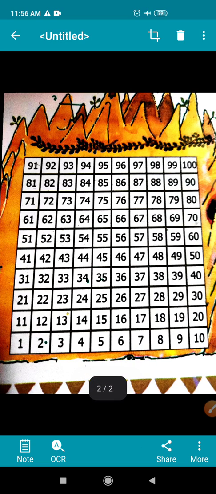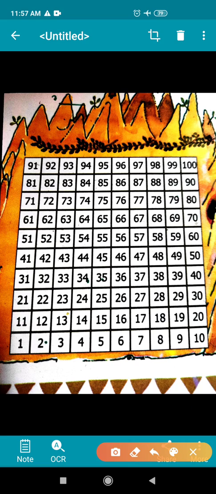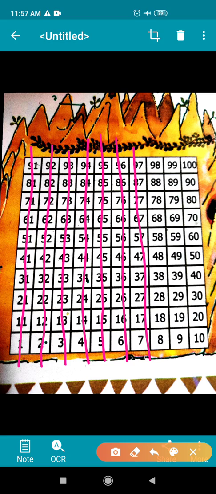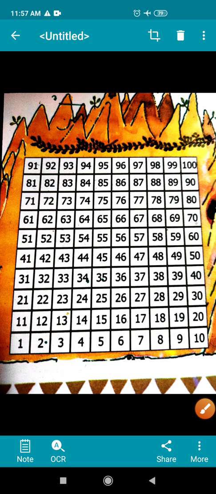Children, this is the grid, and here if you observe it carefully you will find that all odd numbers, all even numbers, all odd numbers, all even numbers are written in this grid. And children, we will do addition and subtraction using this grid.